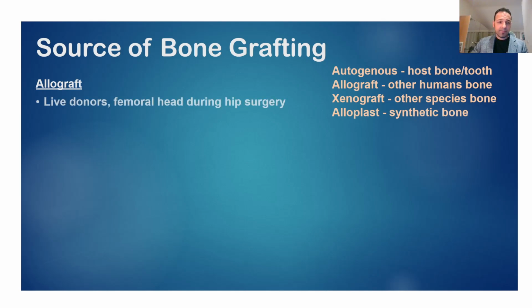So other forms of allograft, you can also get allograft from live donors, such as from the femoral head during hip surgery, and some people prefer that to cadavers. And from these live donors, there's a company in Germany which makes 3D custom milled bone blocks with CAD/CAM software, 3D matching the jawbone.